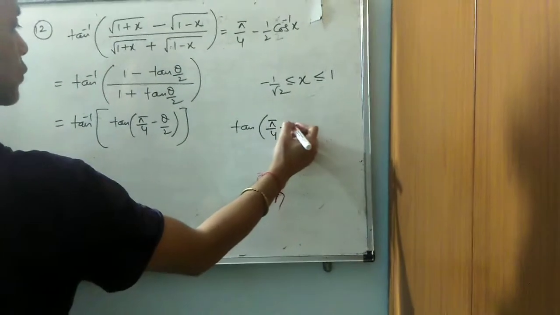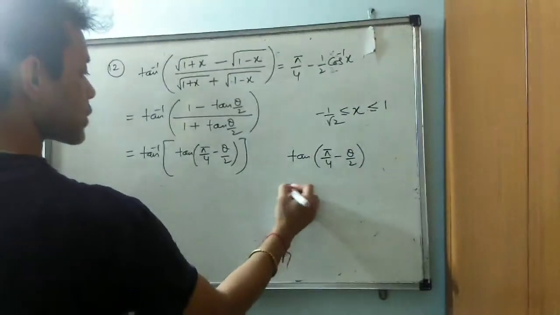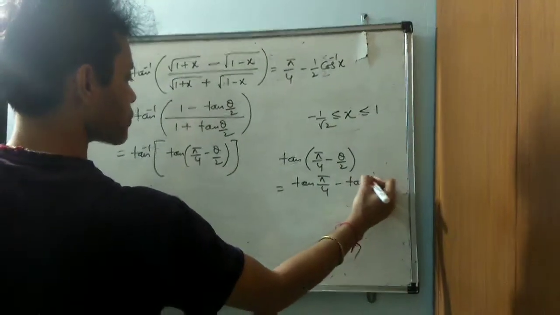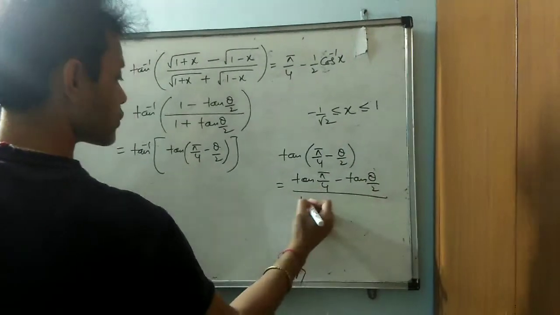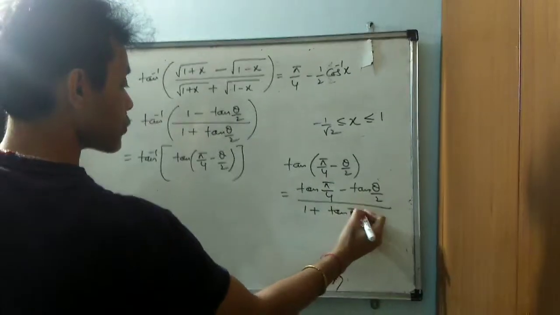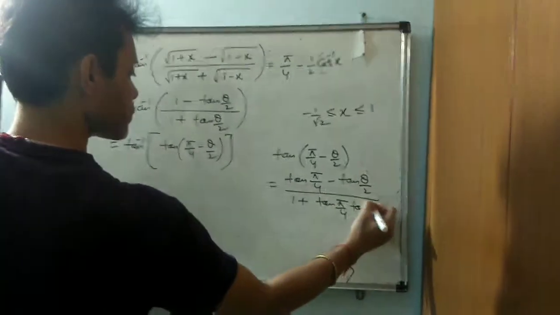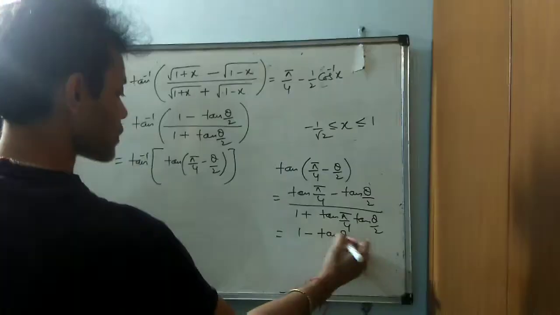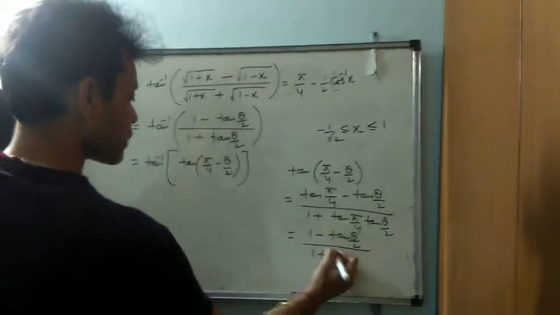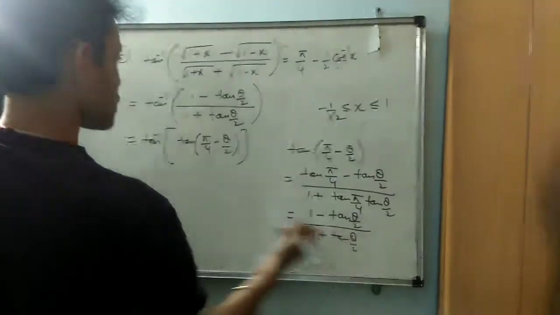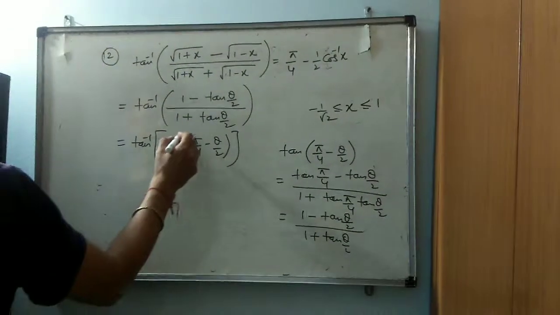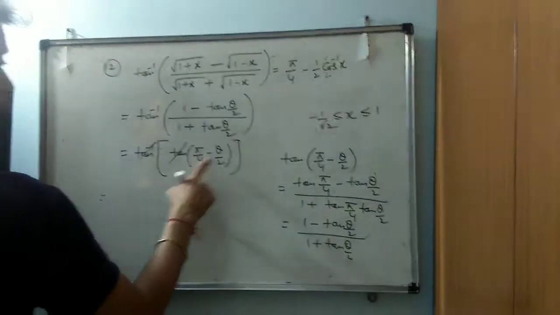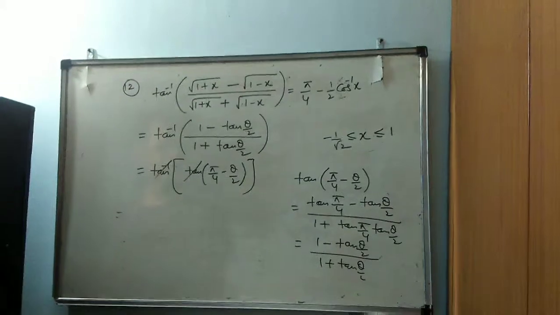For tan of (pi by 4 minus theta by 2), you can say it is (tan pi by 4 minus tan theta by 2) divided by (1 plus tan pi by 4 into tan theta by 2). Tan pi by 4 is 1, so that makes it 1 minus tan theta by 2 divided by 1 plus tan theta by 2. Now once again we have to check for its range. Tan and tan inverse get cancelled, leaving only pi by 4 minus theta by 2, which must lie in the range.